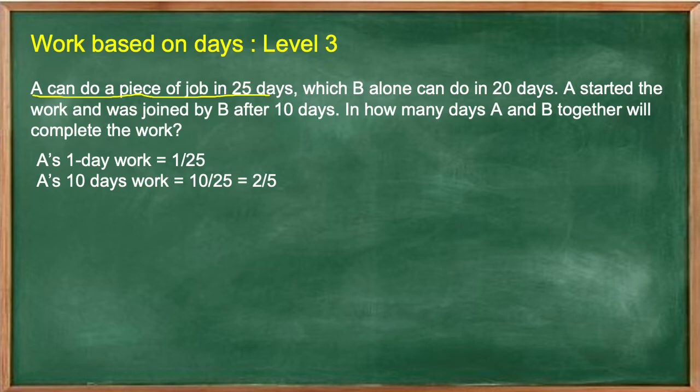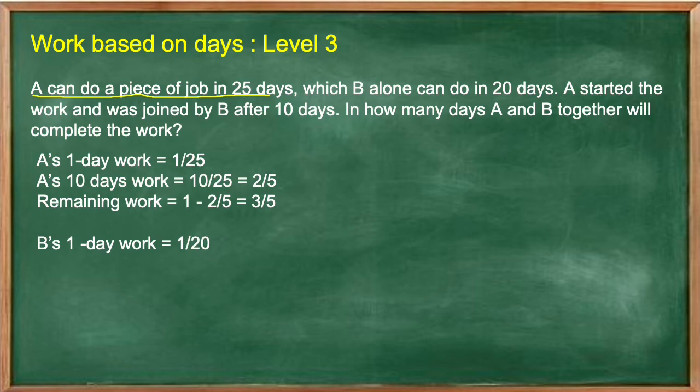Now, the remaining work will be 1 minus 2 by 5, which is equal to 3 by 5. This 3 by 5 part of the work has to be done by A and B together. We know that B alone can do the job in 20 days. So, his one-day work will be 1 by 20.